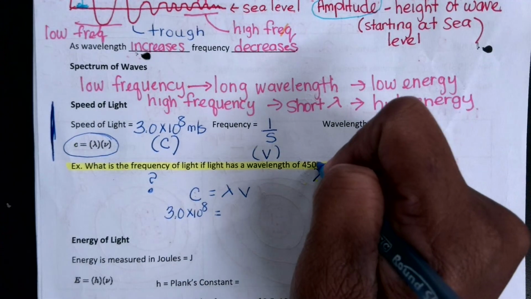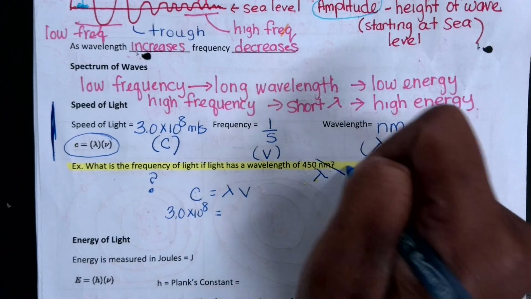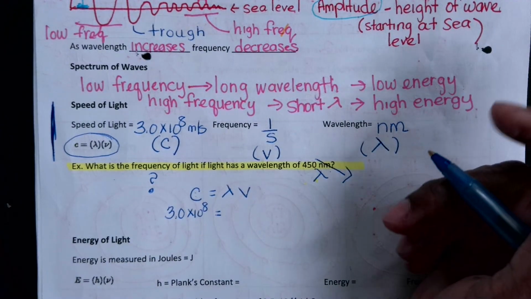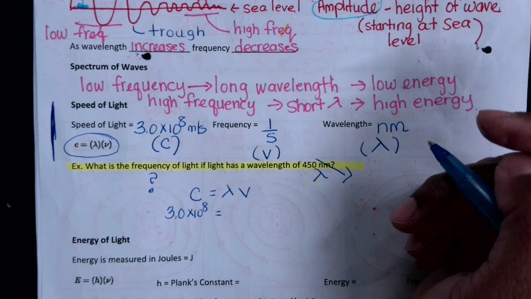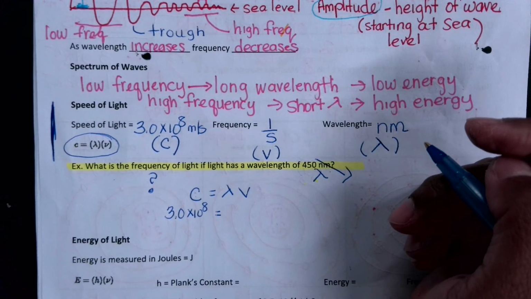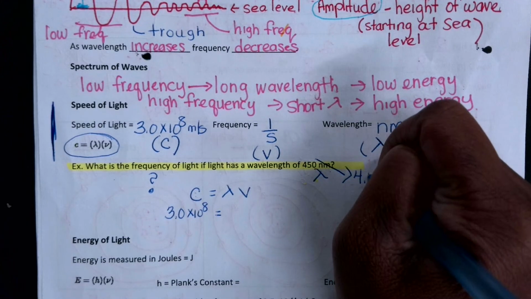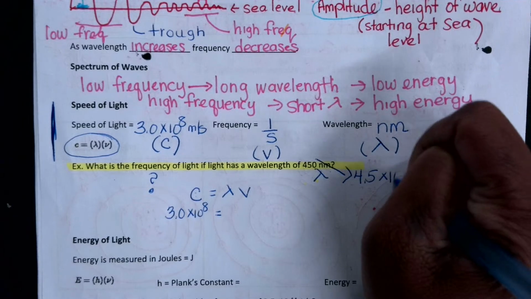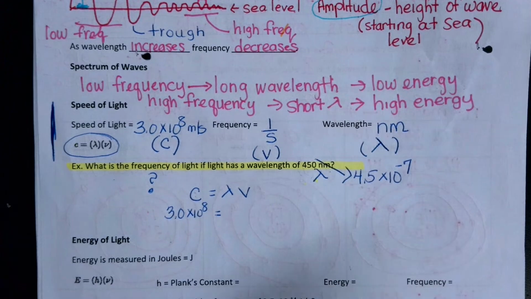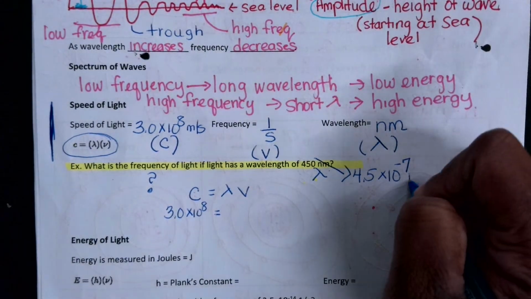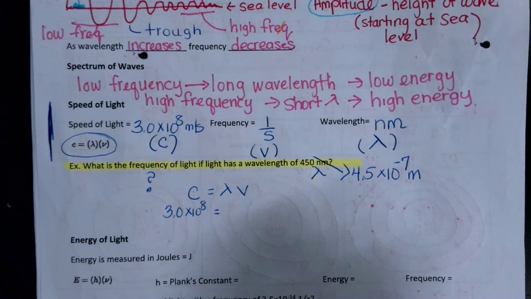So to convert nanometers, we're going to change 450 to 4.5 times 10 to the negative 7th meters.